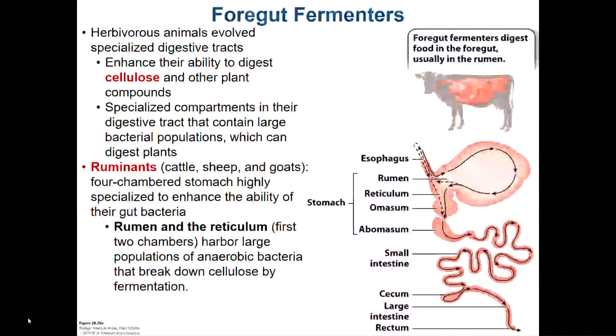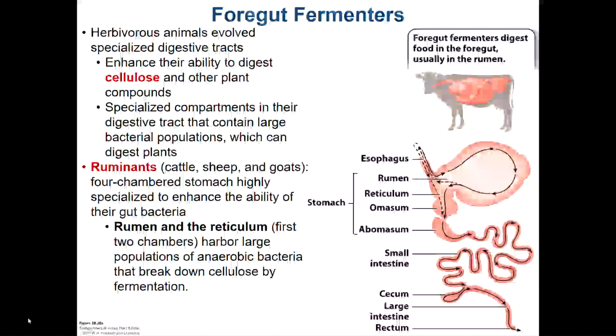In ruminants, they are called foregut fermenters because the first part that the food enters after they swallow is the rumen and the reticulum, which are the first 2 chambers in their 4-chambered stomach.